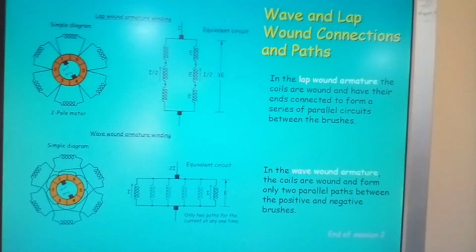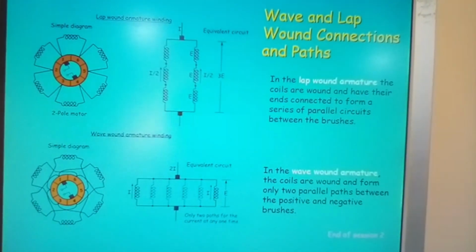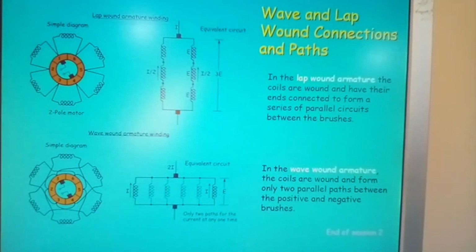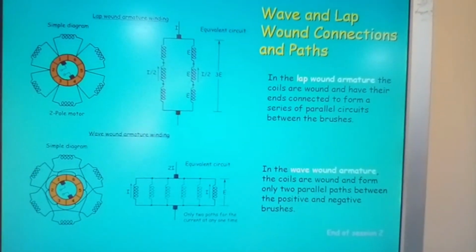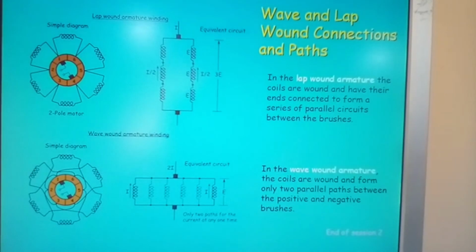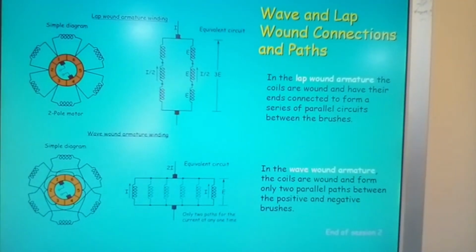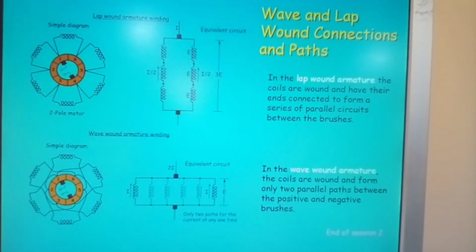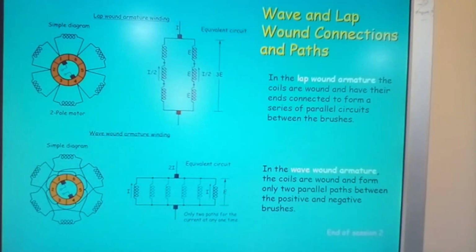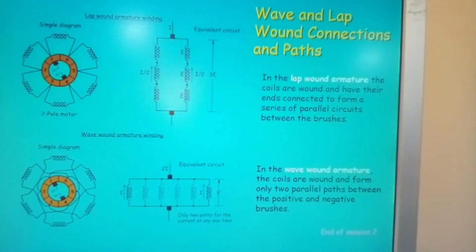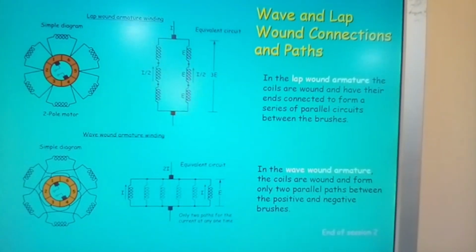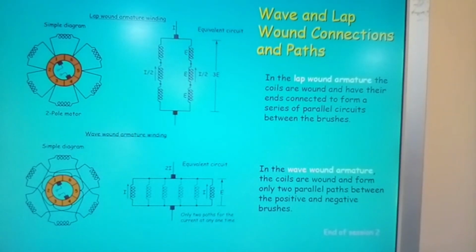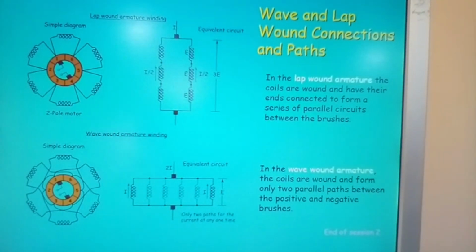Now again, just to recap, in the wave wound armature, the coils are wound and form only two parallel paths between the positive and negative brushes. In your lap wound, they're connected in a series parallel network.